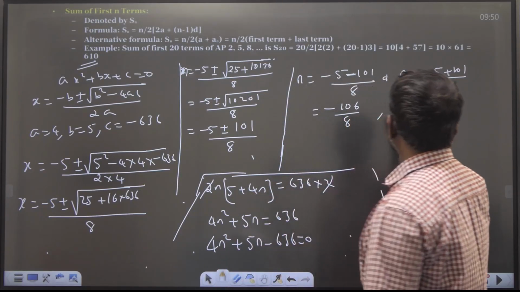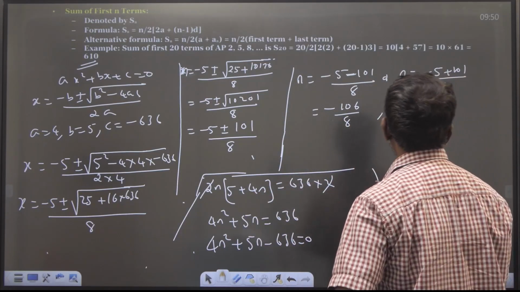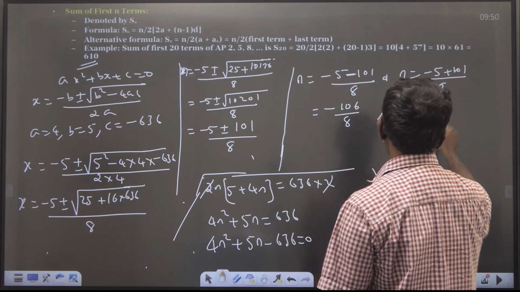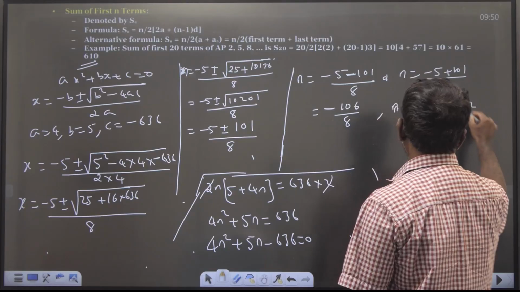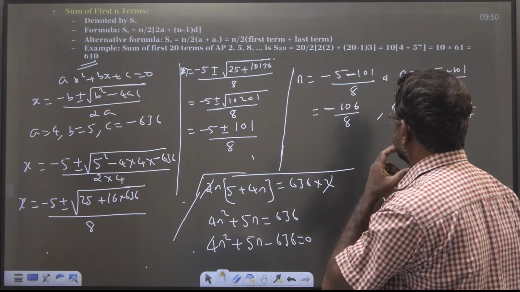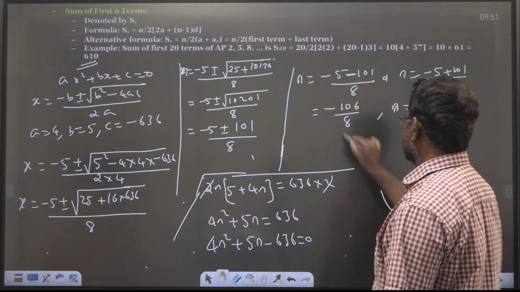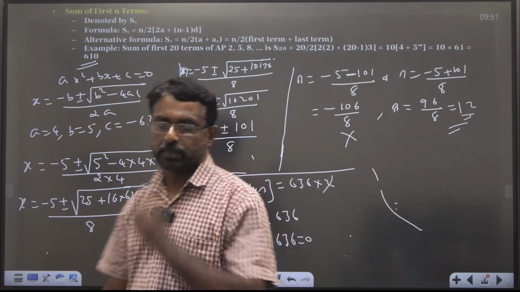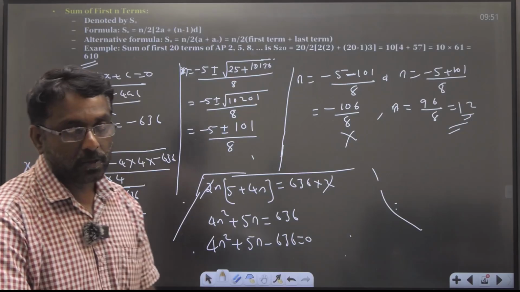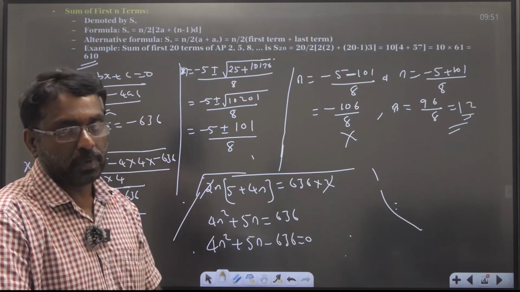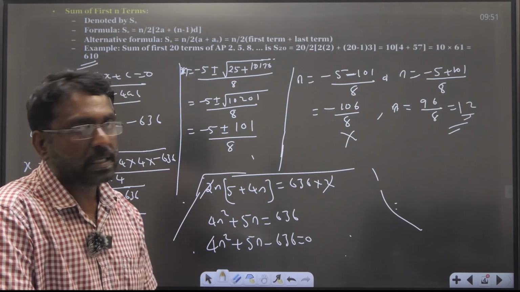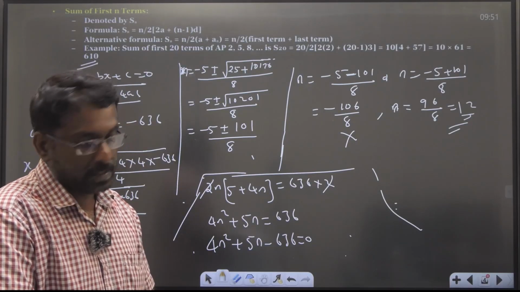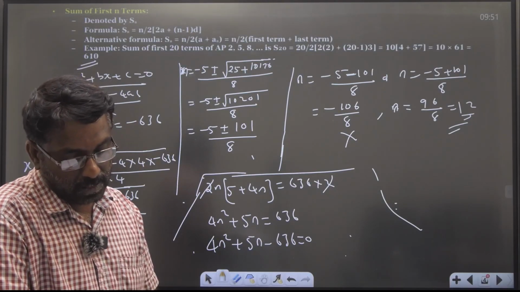Here n is equal to 96 by 8. Take only the positive value. N is a counting number of terms, so the negative value is not admissible. So n is equal to 12. You take the positive number only, because n is a counting number. N represents the number of terms. It is a measure, and a measure is always a positive number. So n is equal to 12 is the answer.